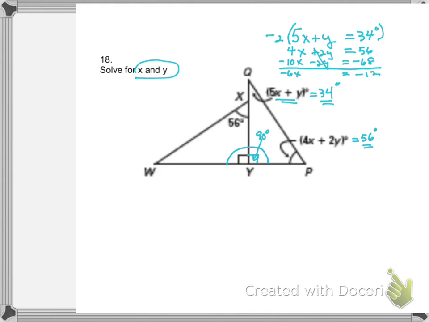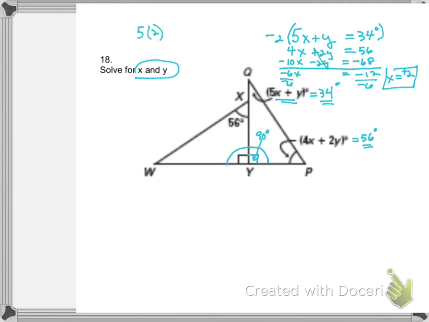Okay, so are you comfortable, hopefully, with how I got the negative 12? Divide both sides by the negative 6, and you're going to get that x equals positive 2. So x is positive 2. Once we have our x, we can plug in, so into the top equation if I want.